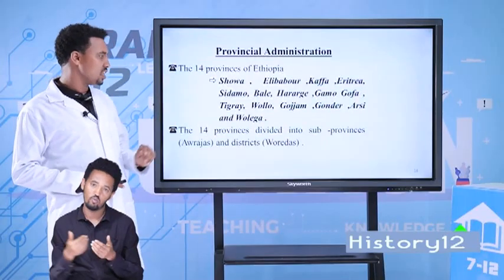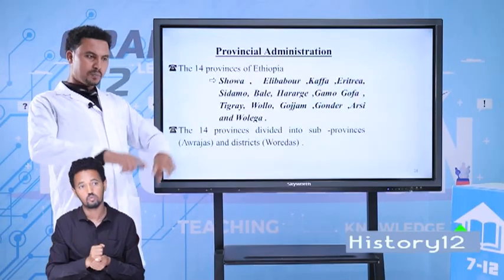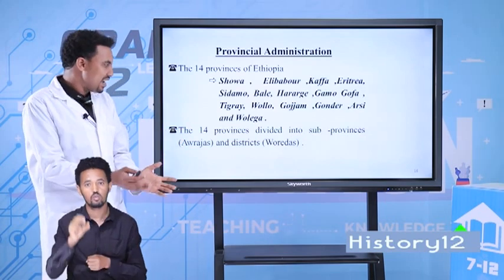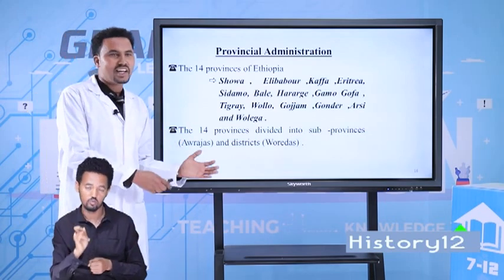The 14 provinces were divided into sub-provinces. Sub-province means Awraja, and district indicates Woreda.